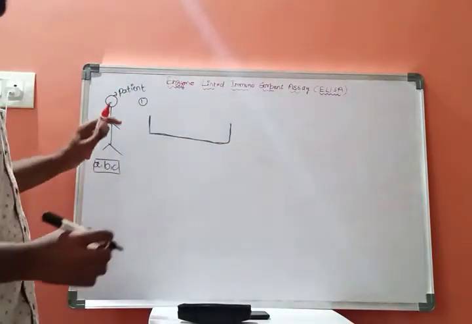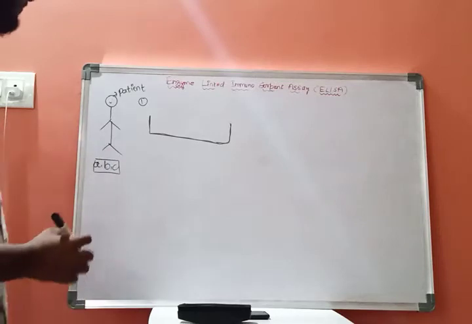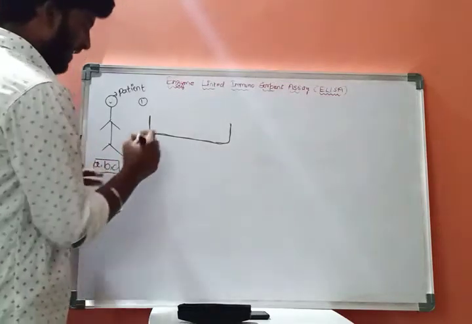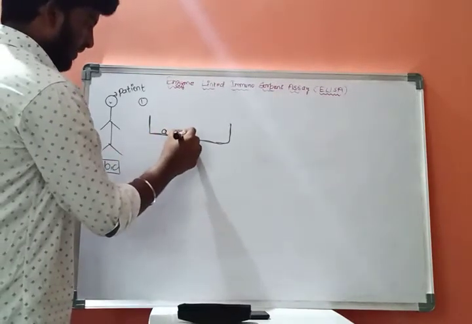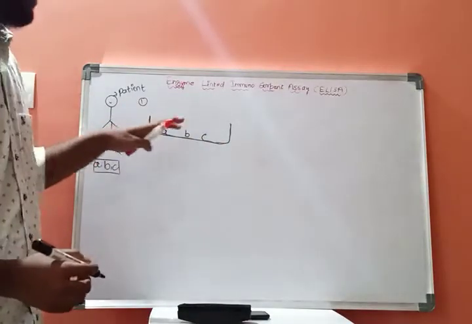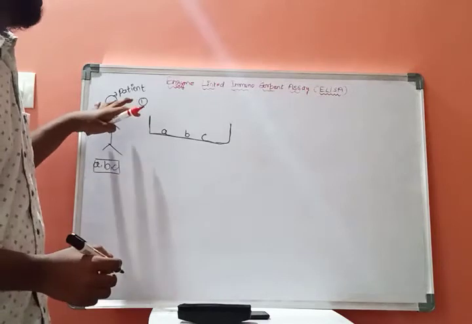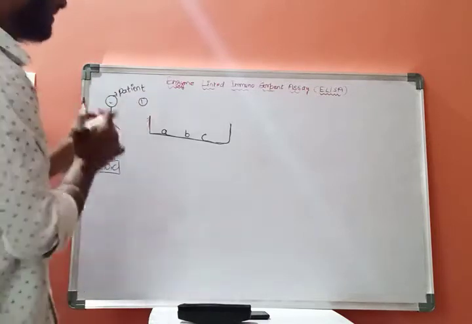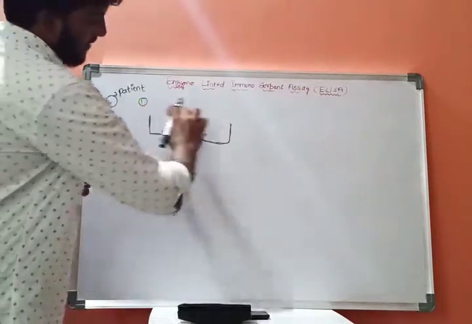This is a microtiter well plate in which it contains antigens like A, B, C. These are the three different kinds of antigens which are present in serum of this patient, and these antigens are taken in this microtiter well plate.